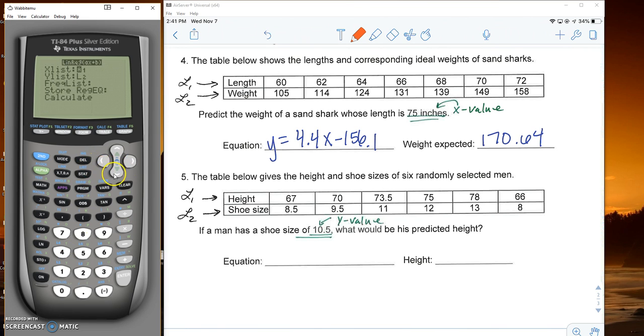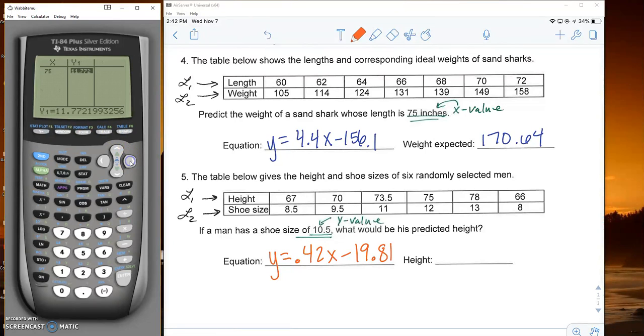Stat calc 4. Remember to store, we click variables, enter. So my equation is 0.42x minus 19.81. And then this time in my table, I did store that in y equals.